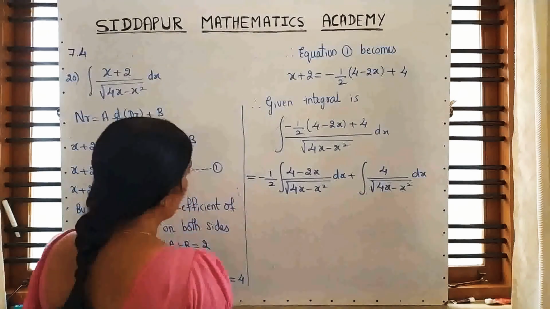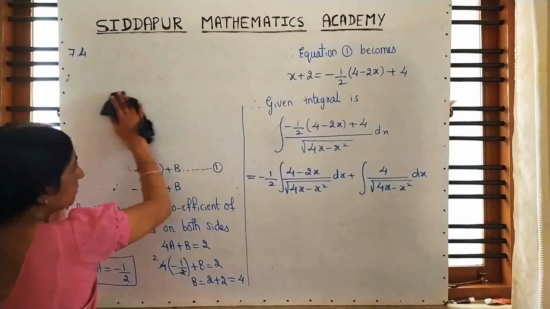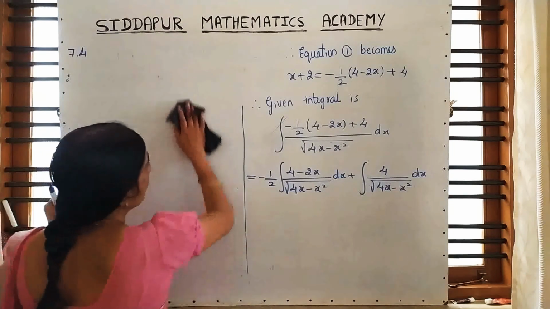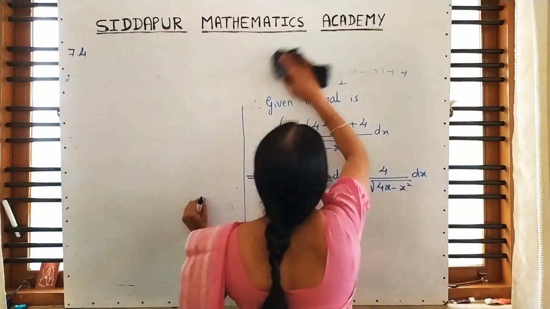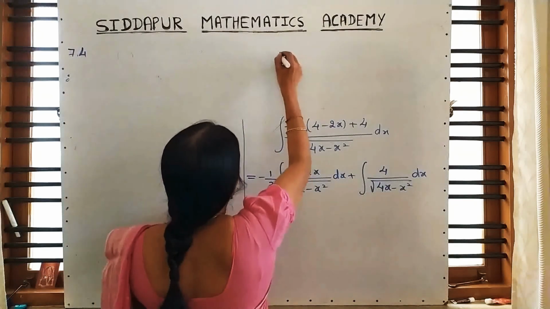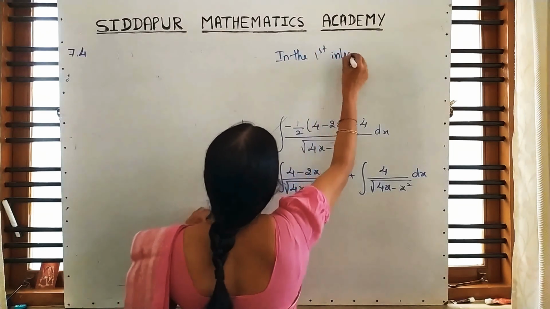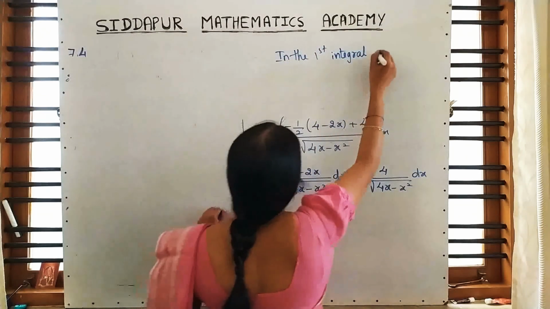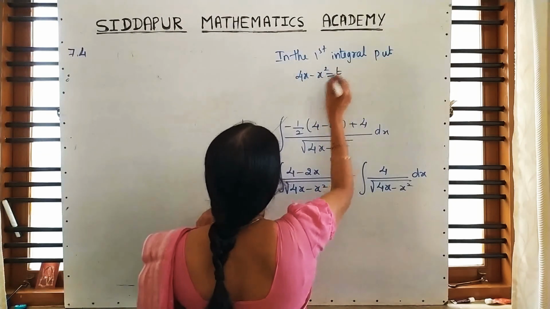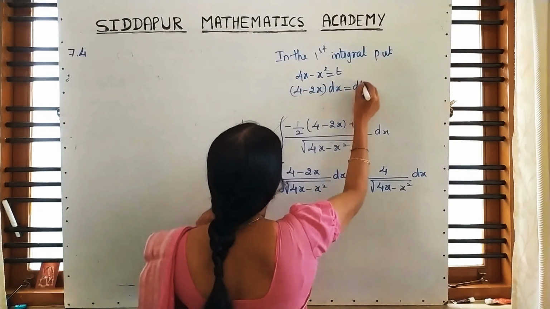Now in the first integral put 4x minus x square as t. 4 minus 2x into dx is dt.